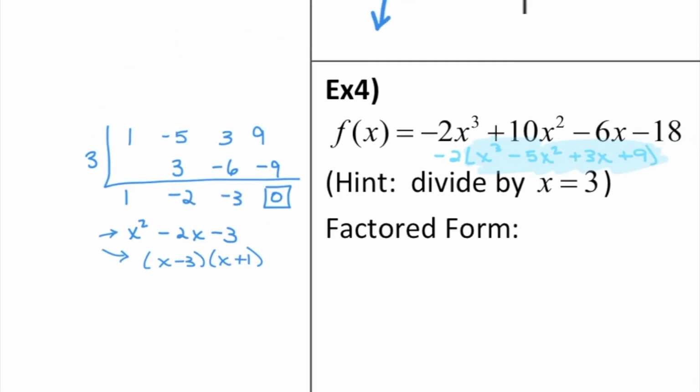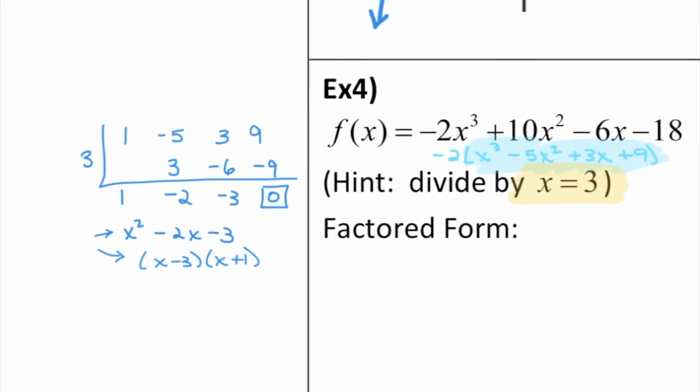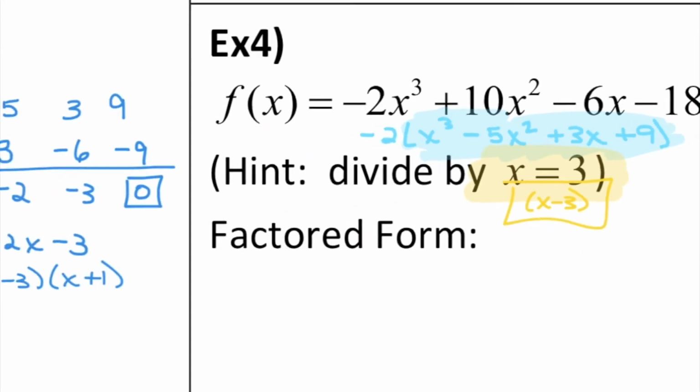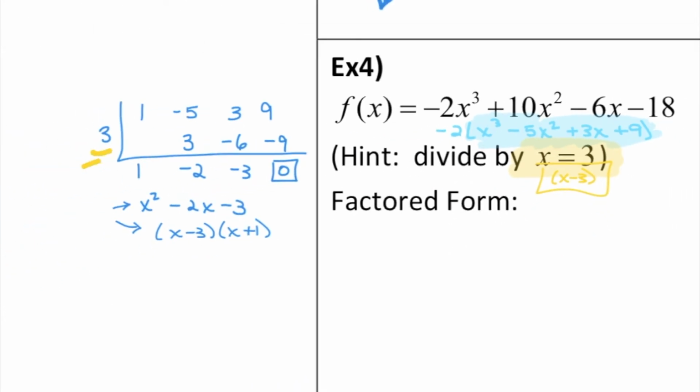But now look and see what I did here. I told you to divide by x equals 3, and remember that what that means is that x minus 3 is a factor. And after I divided by x equals 3, x minus 3 was a factor again. So actually x minus 3 is going to be a factor twice.